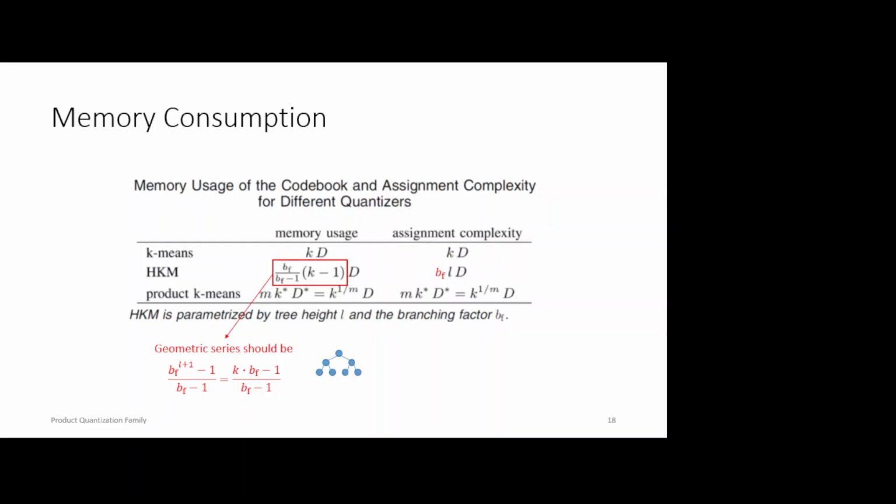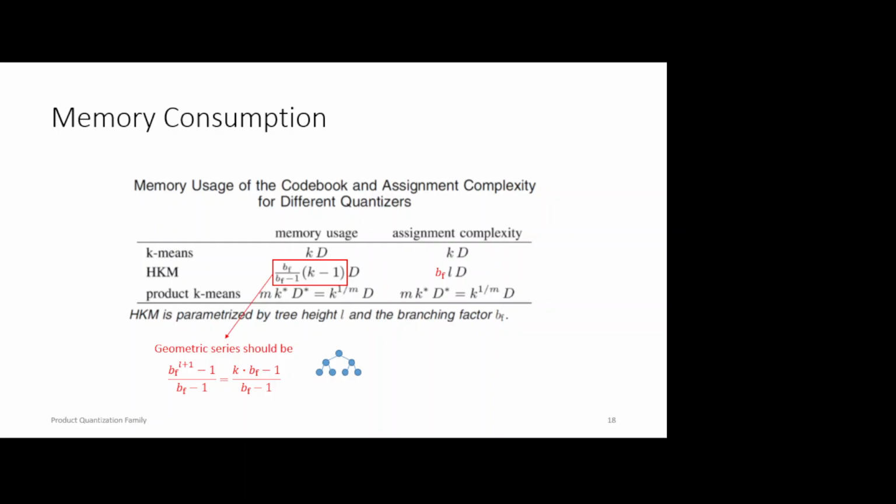Okay, and finally, we see product quantization, PQ. For PQ, the memory use is a number. You have n segments, and each segment you have k star centroids, and each centroid you have d star dimensions. The total memory use is this.